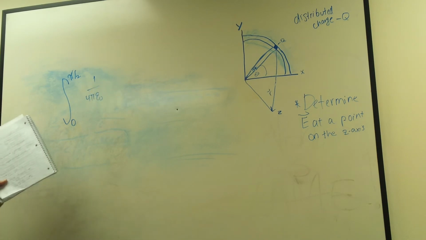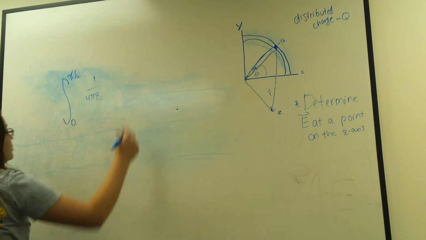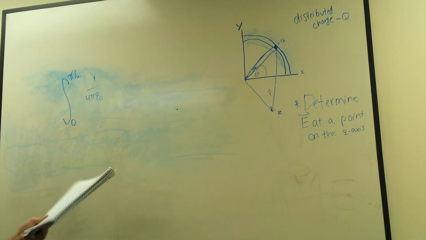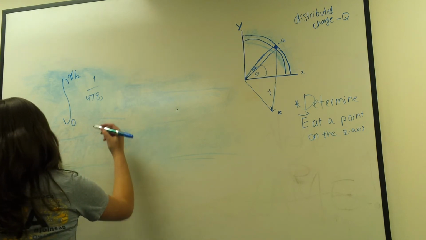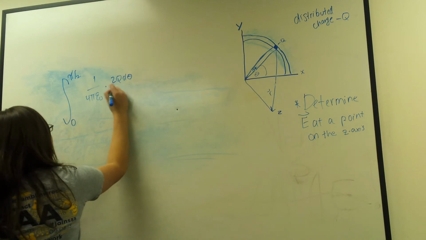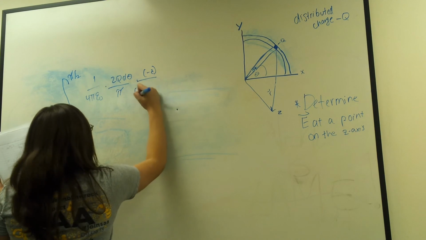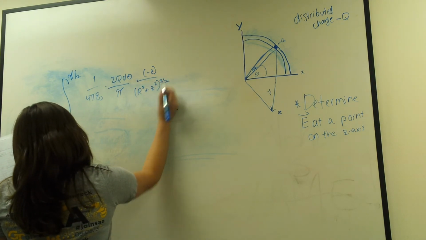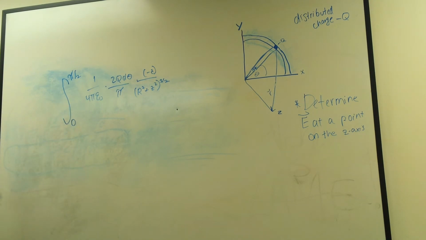It did say integrate to determine the z component, so instead of doing the negative R sine theta, negative R cosine theta, Z, it'll just be the Z because we're ignoring the x and y for now. All of this stuff is constant.